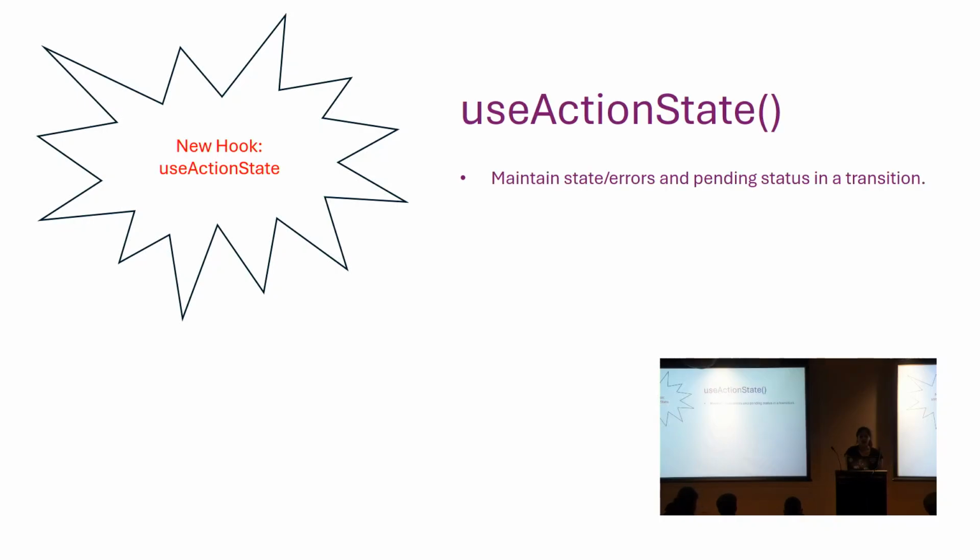Okay, another new feature is useActionState, which is mostly for tracking things like error handling and showing the status and showing the user the error. I didn't provide live code for this one as it takes time, but it just maintains the state, errors and pending status in a transition.